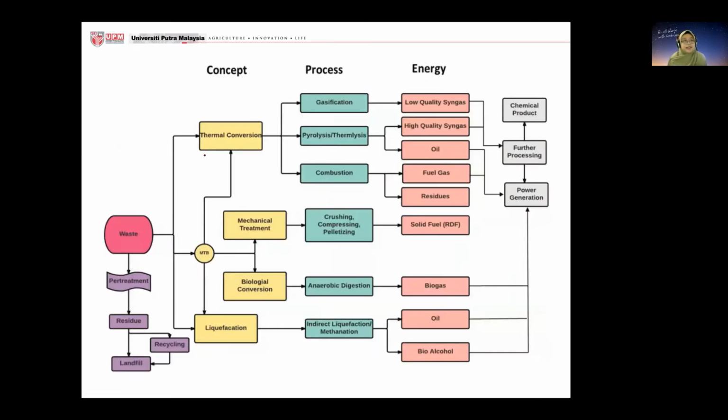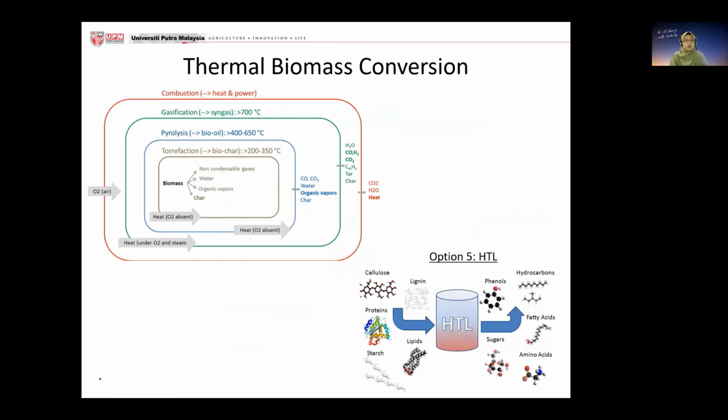So this is an overview of the concepts, the processes related, and what types of energy can be produced from that. The first type of conversion is thermal. Thermal biomass conversion is generally related to the availability of oxygen and also how high or how low the temperature is.